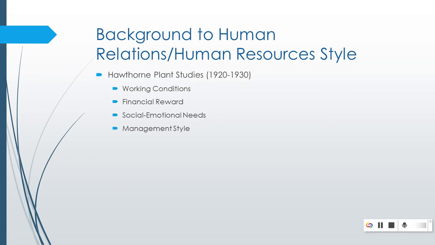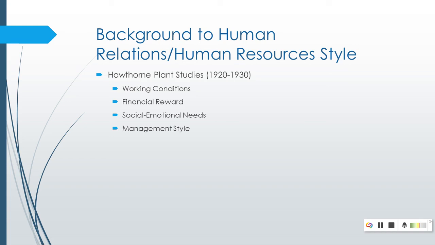So the human resources, human relations structure evolved out of a lot of work and studies that happened in the mid-20th century. One of the biggest classic studies was the Hawthorne plant studies. This was out of Illinois, and it was done ostensibly because, again, we're talking about the classical structure, right?